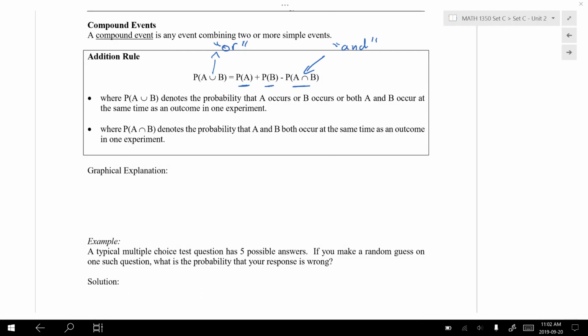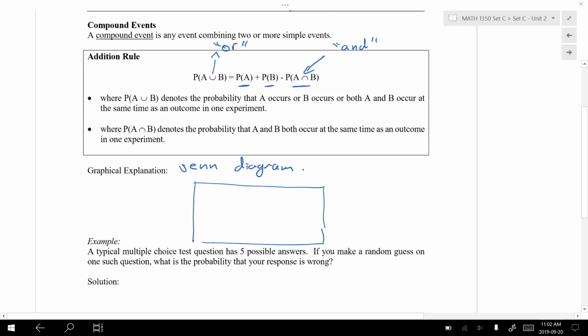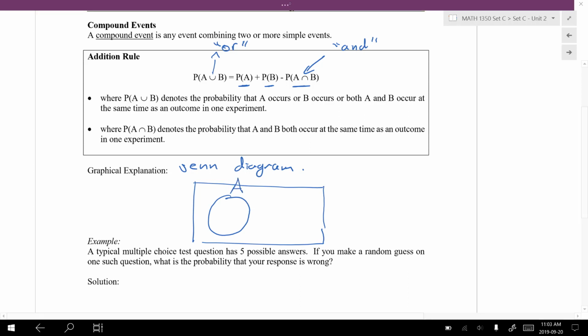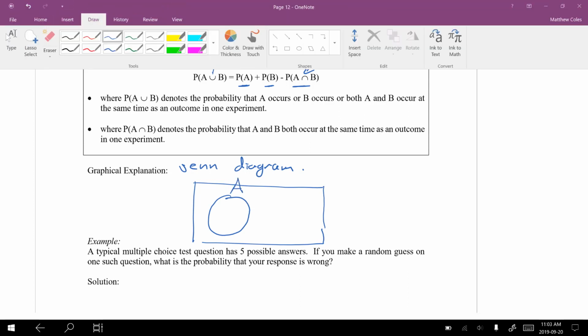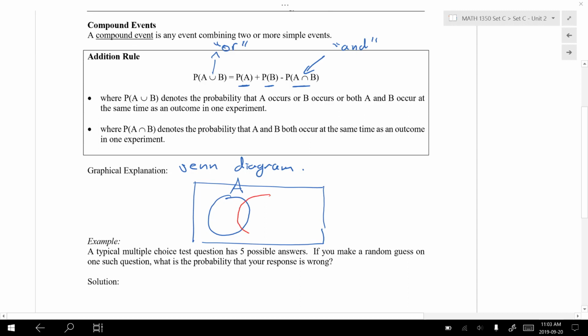So let's come down here for graphical explanation of this addition rule. Addition rule. So let's consider the following sample space. Let's have a bit for A, and let's have a bit for B, where the 2 of them may overlap.